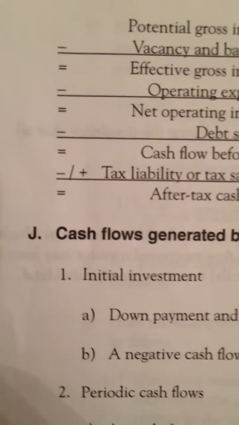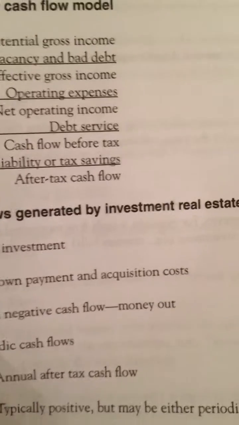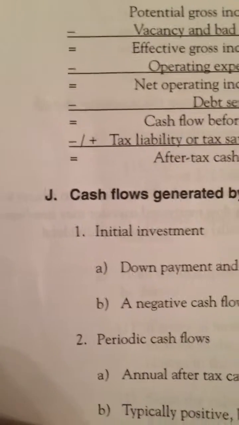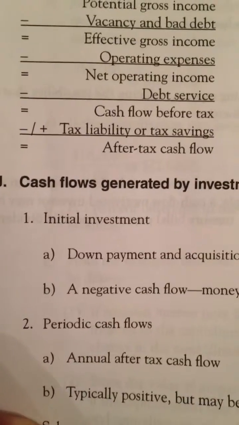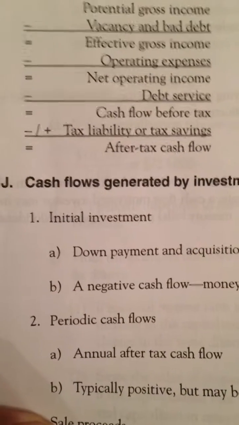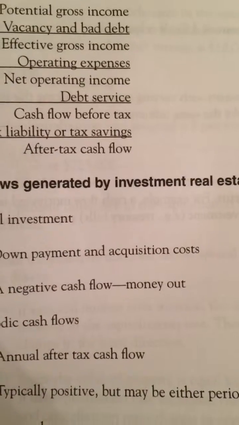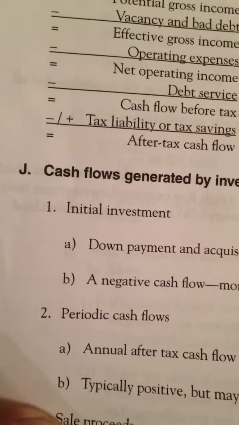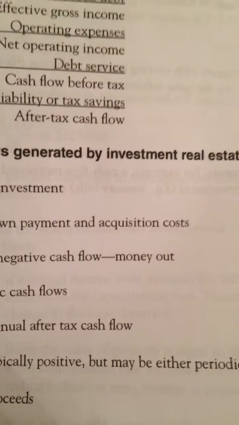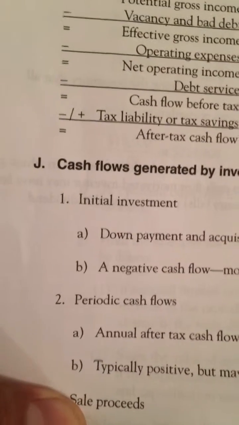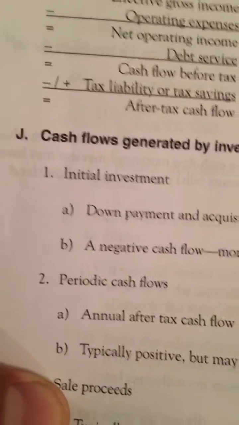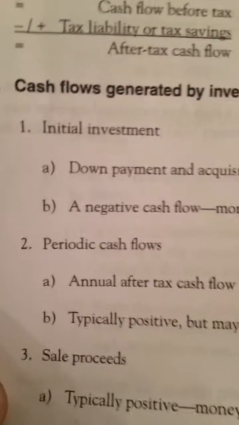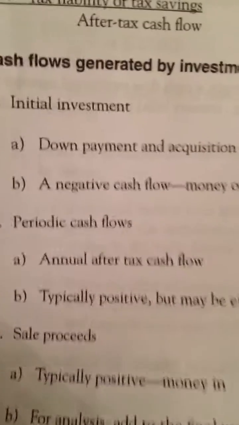J. Cash flows generated by investment real estate. 1. Initial investment. A. Down payment and acquisition costs. B. A negative cash flow, money out. 2. Periodic cash flows. A. Annual after-tax cash flow.